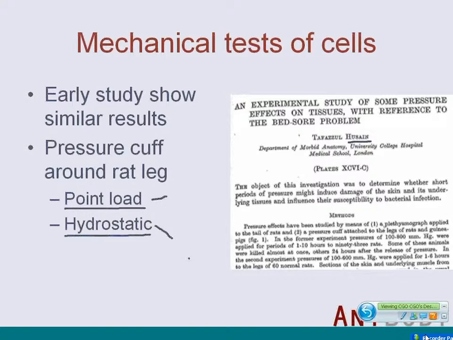The point load has shear strain in it, and the hydrostatic one has not. And what he found was a very, very large difference in what the tissue could tolerate with regard to the point load compared to the hydrostatic one.